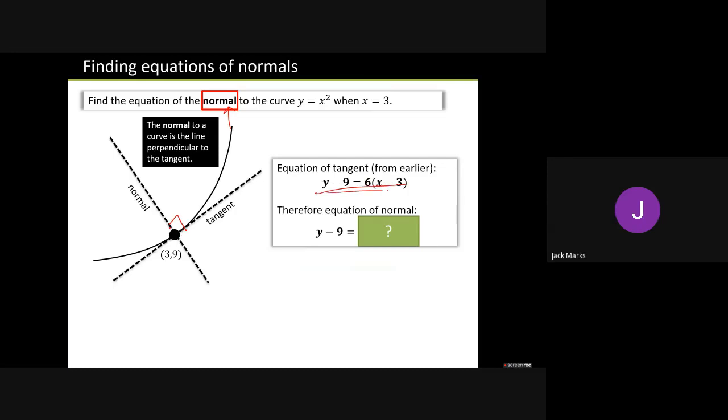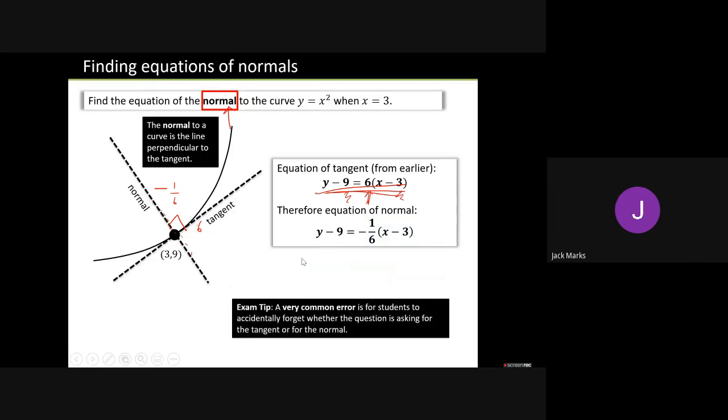Now, if we write our equation in this form instead of y equals mx plus c, it's great because the only thing that's different about the normal line is the gradient. The 3 and the 9 from before are exactly the same. So if the gradient of the tangent is 6, what's the gradient for the normal? It's the negative reciprocal.